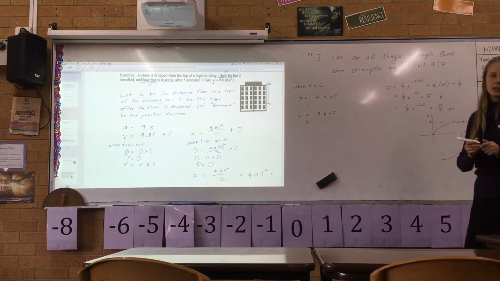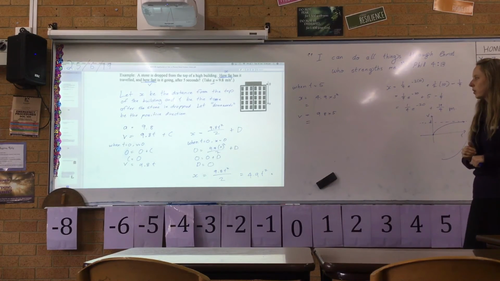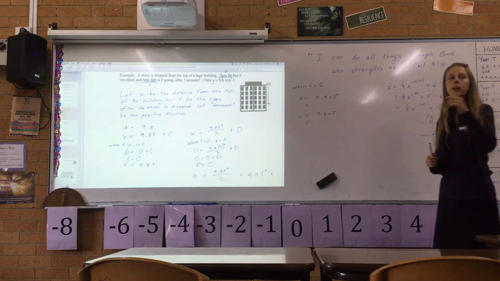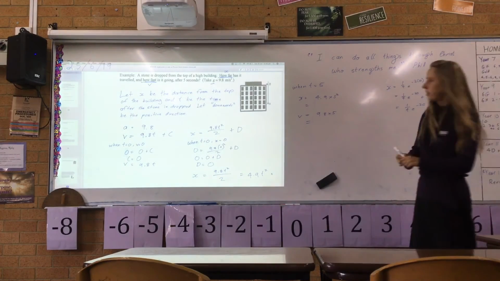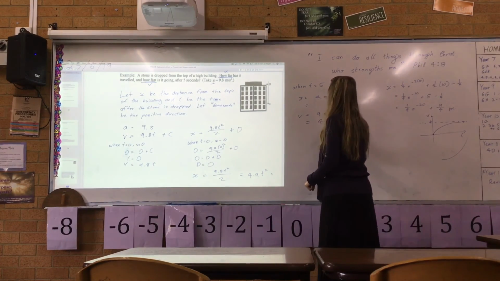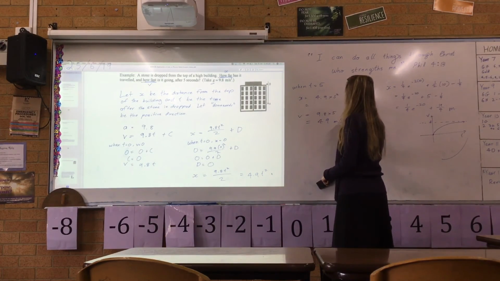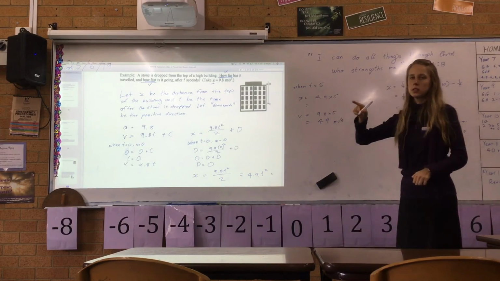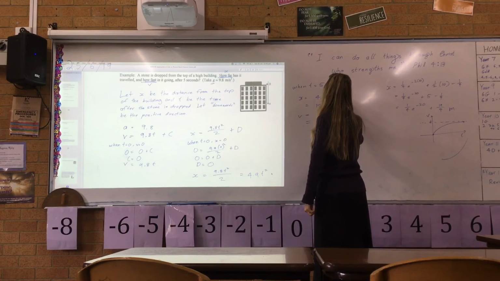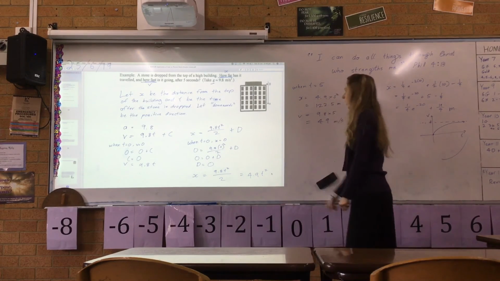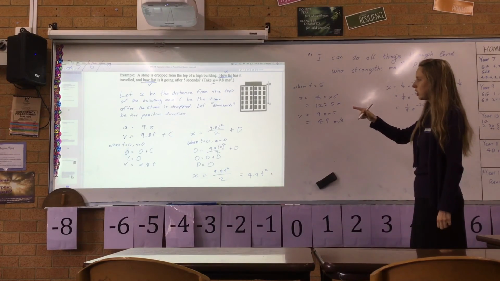Kai, do you want to tell us what that one is? 49, you're right, and it's meters per second. And this one was 122.5 meters. Okay, and that's all it says to do, isn't it?